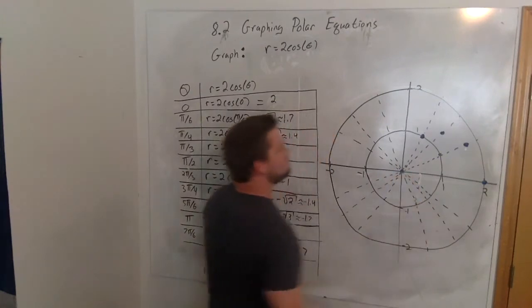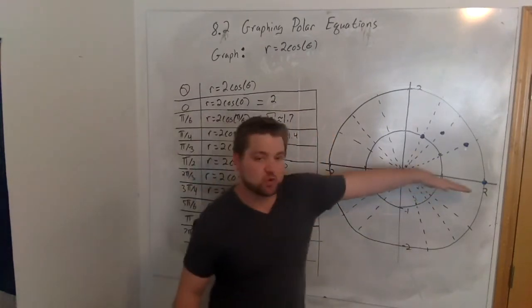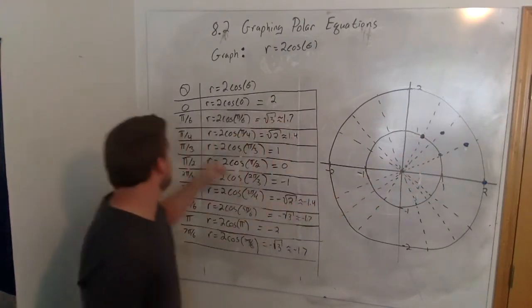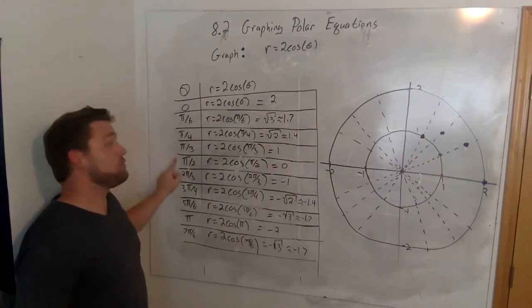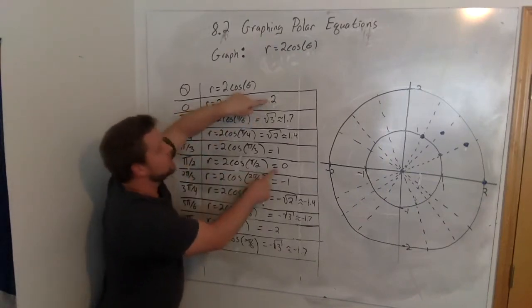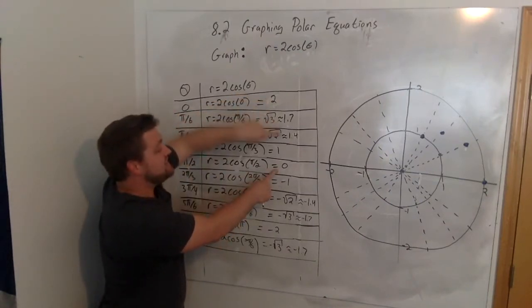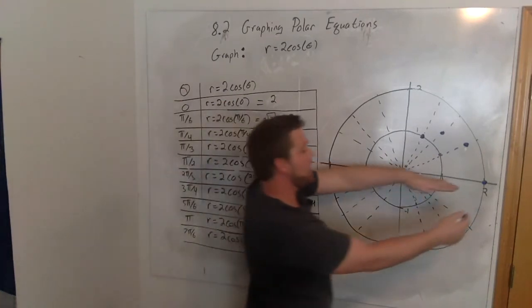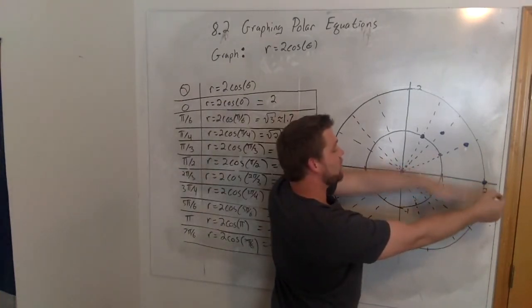Now, let's notice something. As we're rotating from 0 radians to pi over 2 radians, what is the radius doing? It's starting out at 2 and it's decreasing. It's decreasing till we get to 0. So at an angle of 0, we're out 2 units.